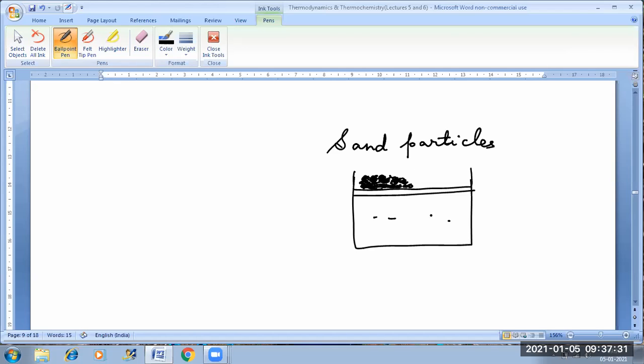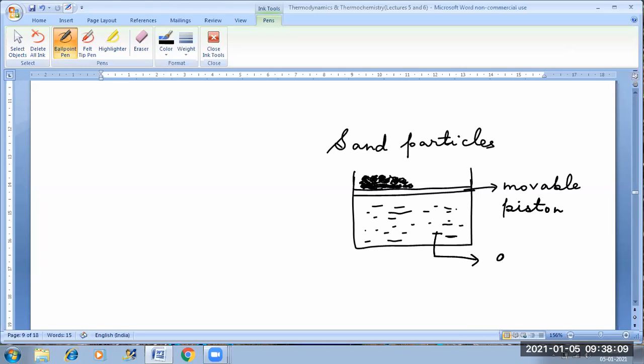Now, here we have gas. Let's say this piston is movable. So this is a movable piston, and this is a gas.